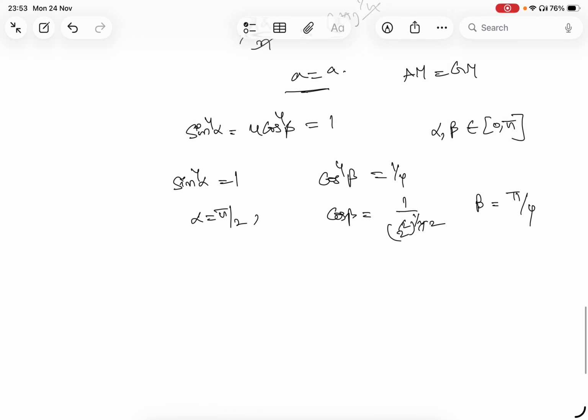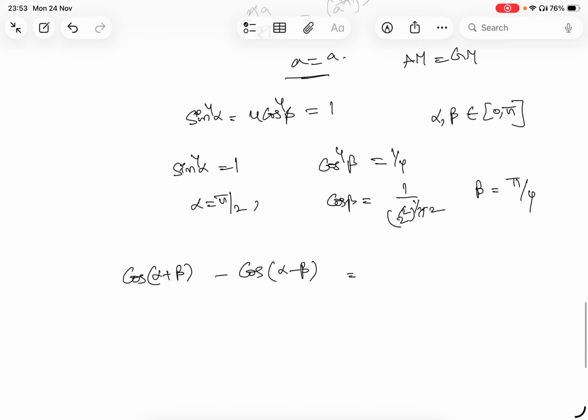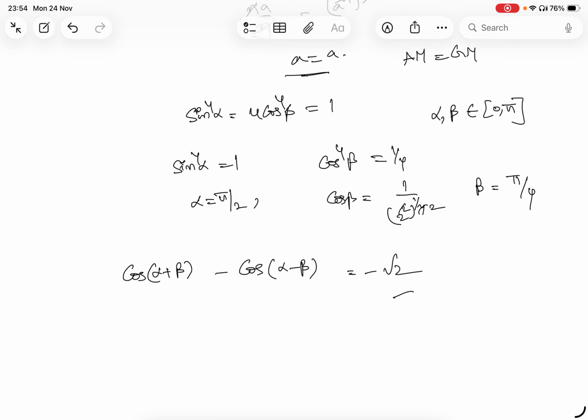If you substitute there in cos of alpha plus beta minus cos of alpha minus beta, it is equal to minus root 2. So this is the solution.